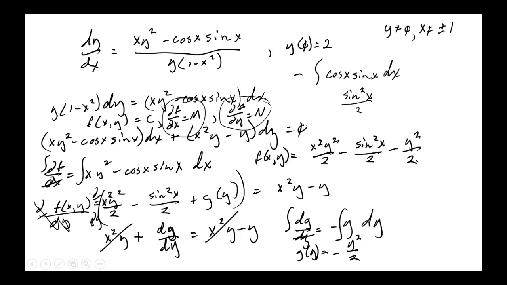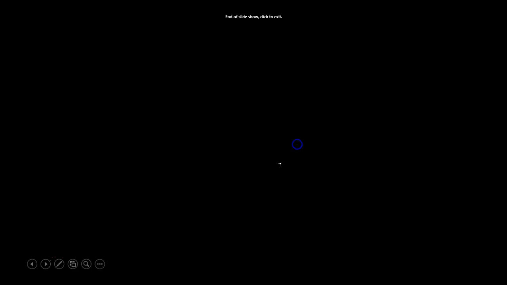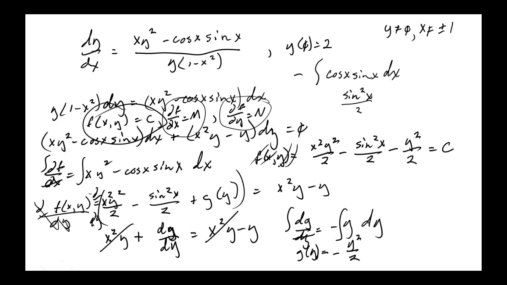Okay? But that's really not what we want. We want to set that equal to c, because that was our assumption here. That's our alpha of xy. So forget about the alpha of xy now. That was just a construct to get us where we needed to go. So there's our solution. Now, since that's our solution, we can multiply everything by 2 and get x squared y squared.